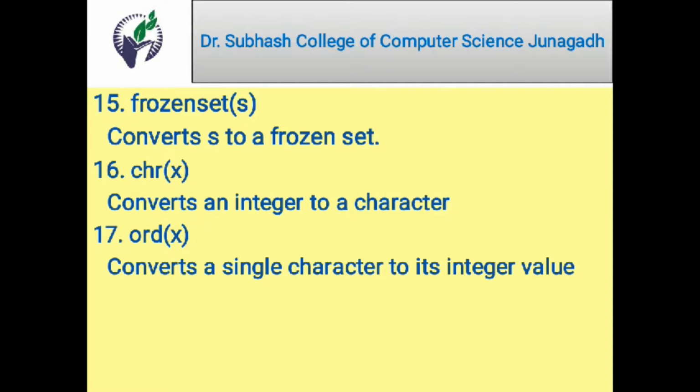And the opposite is ord(x): it will give you the value associated with a single character x, converting a single character to its integer value. Here, if we give a single character, it will give you the ASCII or Unicode value.